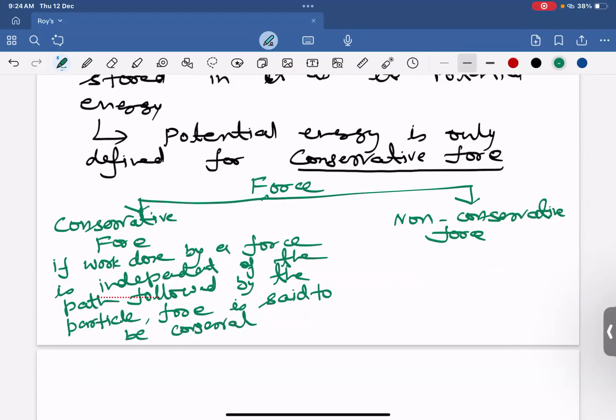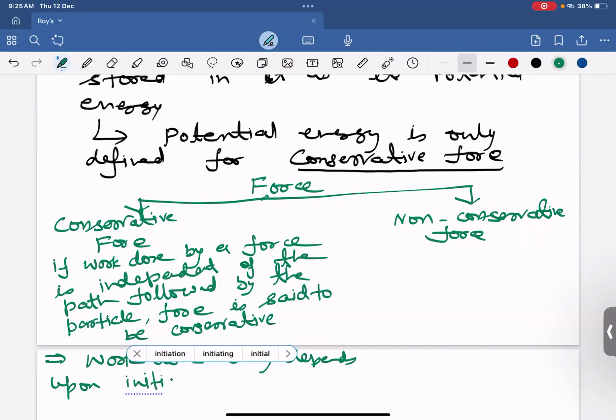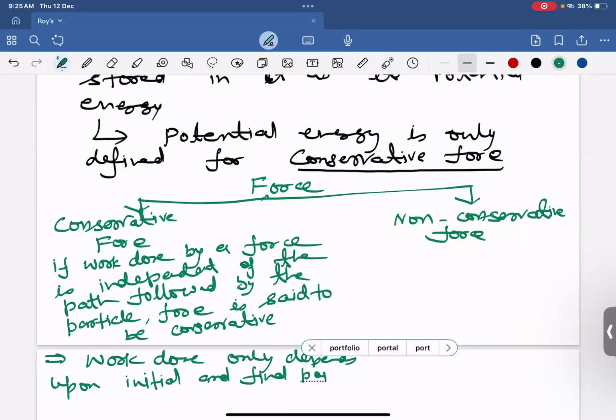That means it should not depend upon what path the body is moving. Work done only depends upon the initial and final points. That is called conservative force.